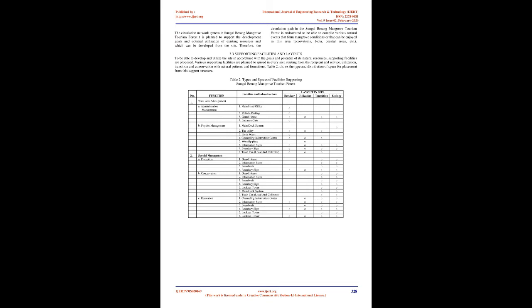3.1 Spatial Plan. In accordance with the concept developed and the optimality of the utilization of its resources, the sites and spaces in the Sungai Berang mangrove tourism forest area are divided based on the function of interest, namely: 1. Protection, the space allocated to maintain the preservation of the mangrove forest so that the protection function, such as a salinity filter to the mainland, preventing coastal abrasion, can run well. 2.